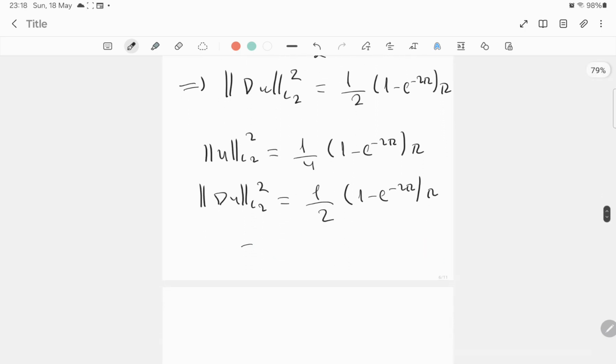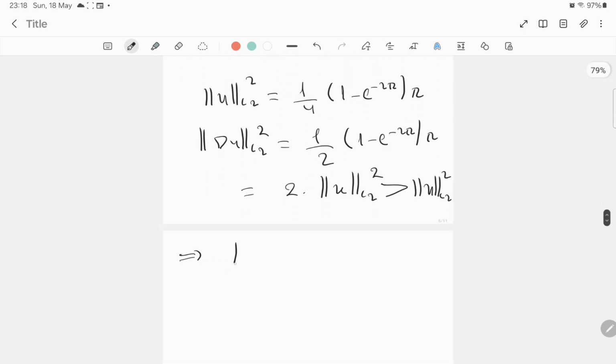So I can write the norm of the variation as 2 times the norm of u in L2 squared, which is of course bigger than the norm of u in L2 squared. So the norm of the variation of the function is bigger than the norm of u in L2.